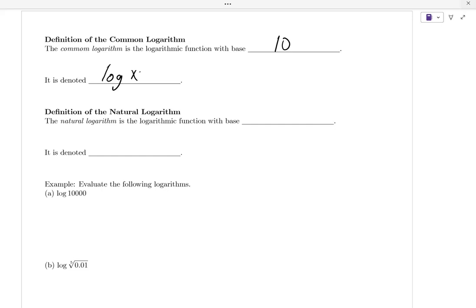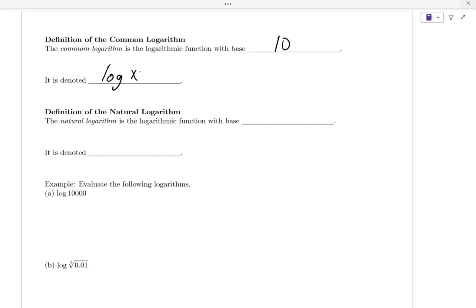The other one that comes up a lot is the natural logarithmic function. Remember, we also had the natural exponential function. What was the base for the natural exponential function? What letter did we use to denote the base of the natural exponential function? That was that special number.